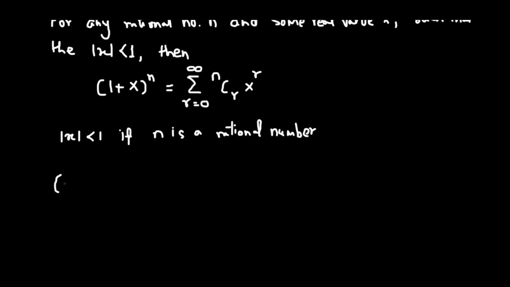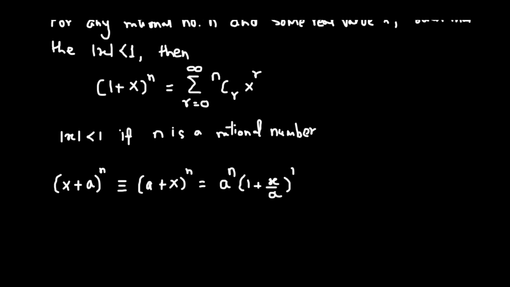Now what if we have an expression given by (x plus a) raised to the power of n? So what we're going to do is rewrite it as (a plus x) raised to the power of n, and then we are going to factor out a, which leaves us with a to the power of n times (1 plus x over a) raised to the power of n.